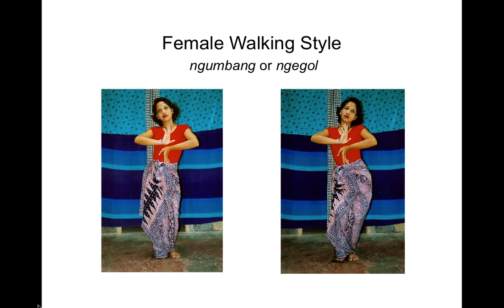So the knees are close together, and you can see that the sarong that Happy is wearing helps to keep her legs close together as well, and this also imitates the costume that dancers would wear for female performance styles, which tends to be very tight and restricts movement.